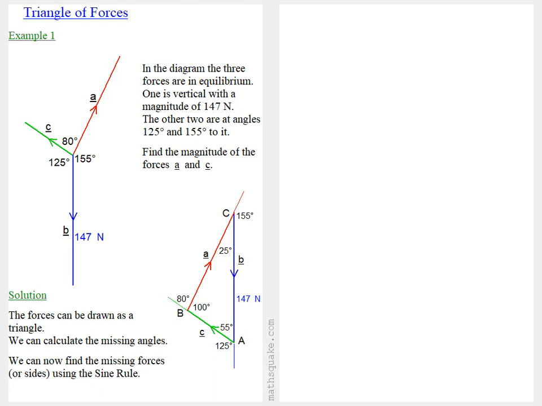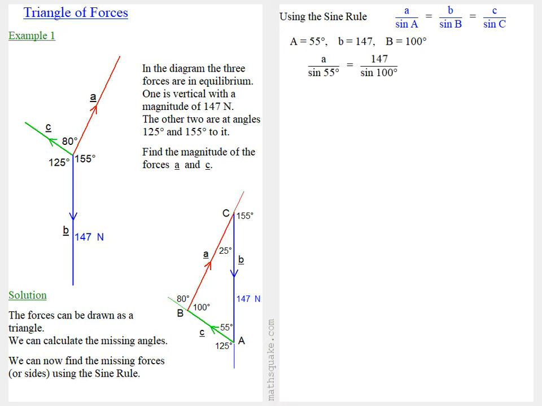We can now find the missing forces, or sides, using the sine rule. Using the sine rule, we have A over sine A equals B over sine B equals C over sine C. Now we have the angle A is 55 degrees, the side B is 147, and the angle B is 100 degrees.